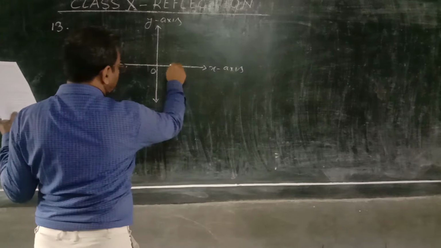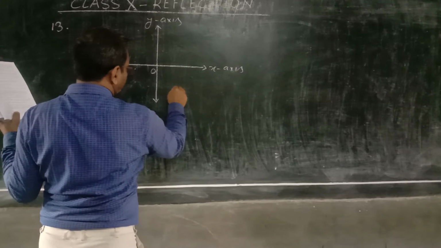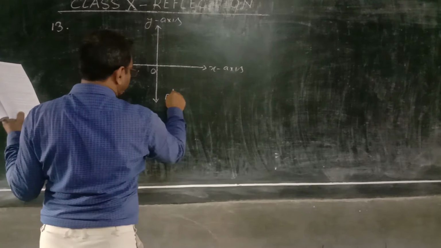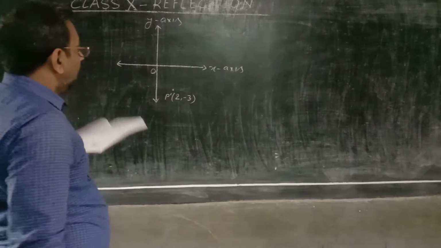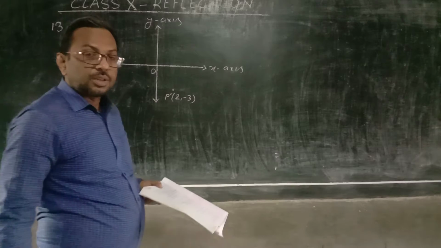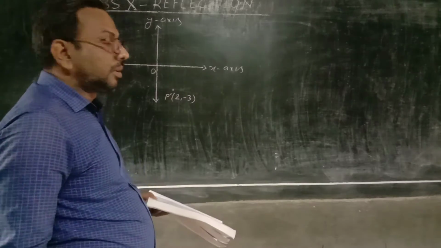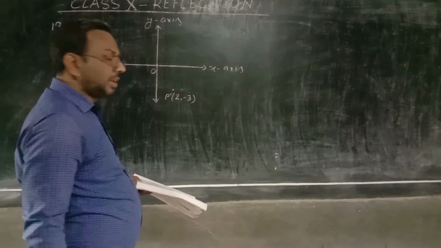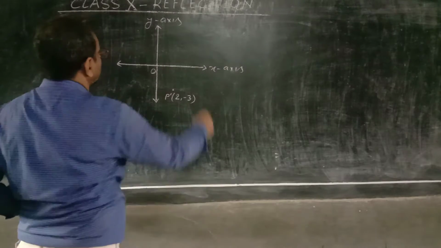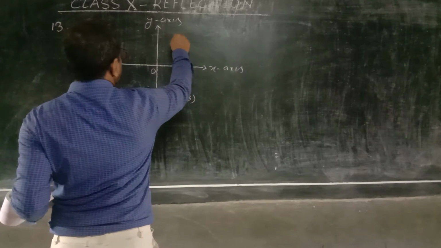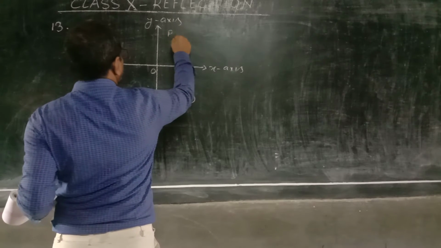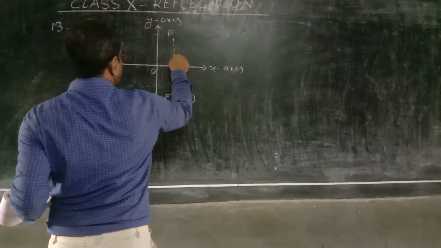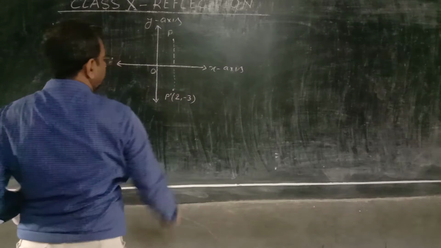Obviously, this will lie in the fourth quadrant. This image is formed after reflection in the x-axis, so the object was in the first quadrant. From there it will reflect and cross the x-axis to reach P dash.